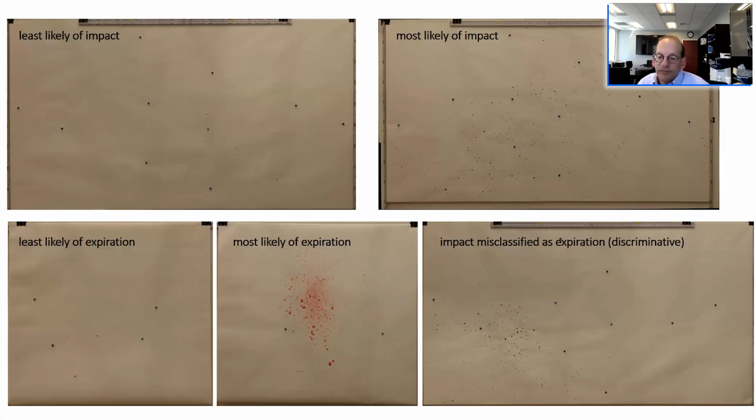If you don't have a lot of information, you can't distinguish. And the last on the bottom right is an example of a pattern that was misclassified as an expiration. It was really an impact. So this is work in progress, and I wanted to share how we're reducing the data and how we're feeding it into statistical analysis.